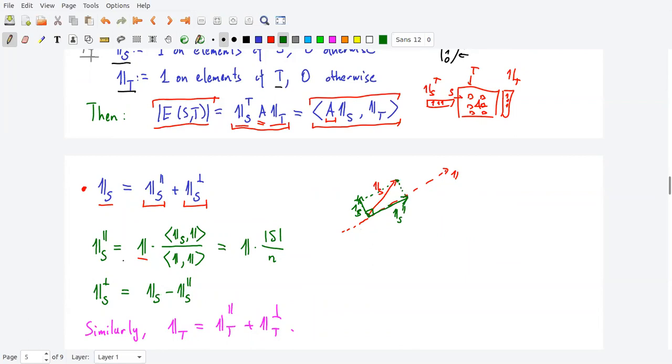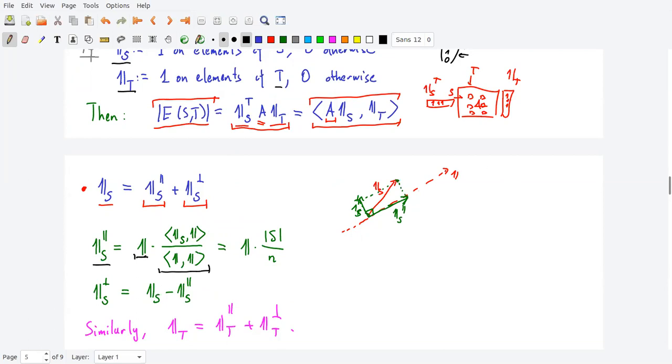The easiest way is to use the following formula. So if you want to project a vector, say 1S, onto the vector of all ones, you take all ones and you multiply it by the following coefficient. You take the scalar product with all ones here, and you divide by the scalar product of all ones together with itself.